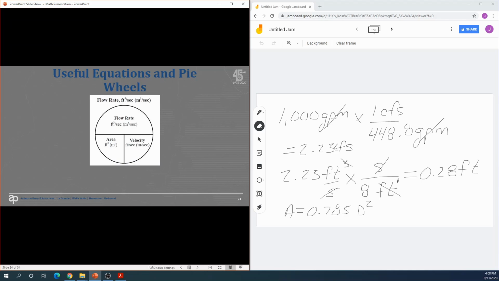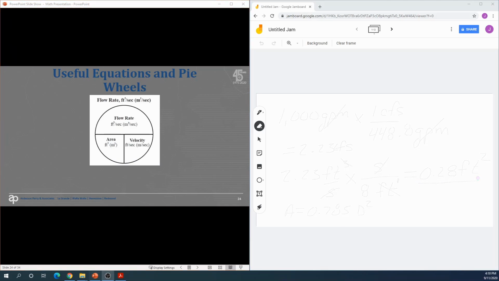Feet cubed divided by feet is going to be our feet squared. So this is the area of our pipe. If you remember right, area is 0.785 times our diameter squared. So we know our area is equal to 0.28 feet squared, and our equation is area equal to 0.785 times our diameter squared.